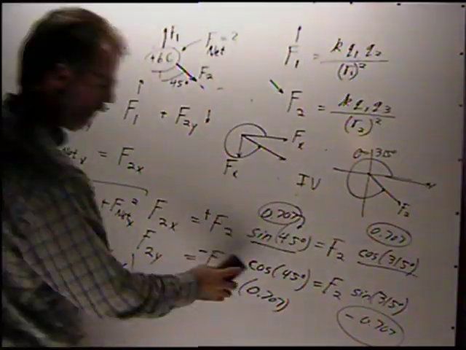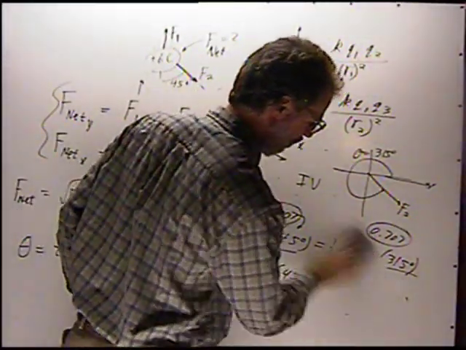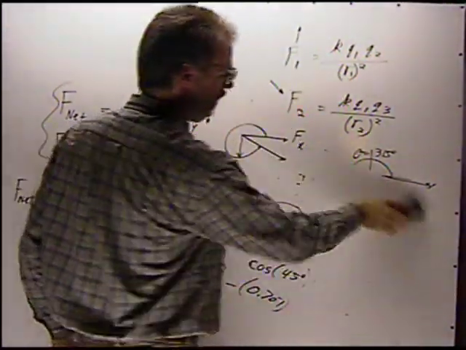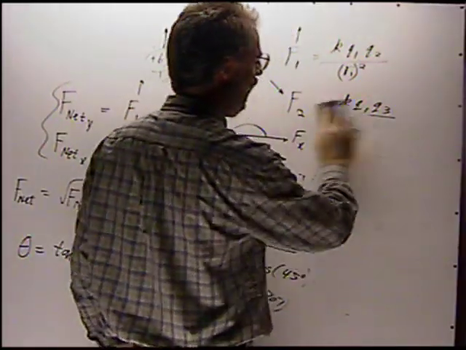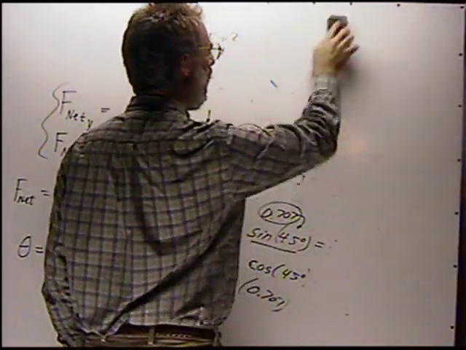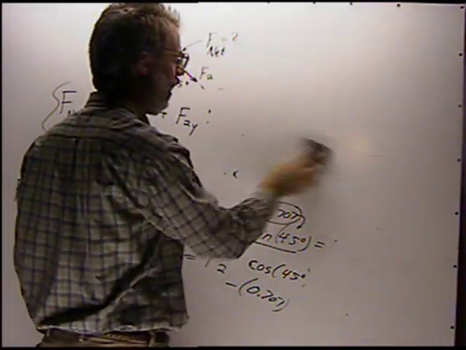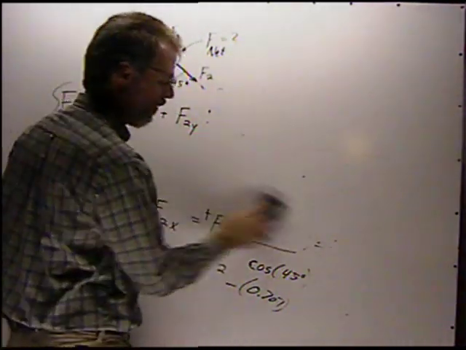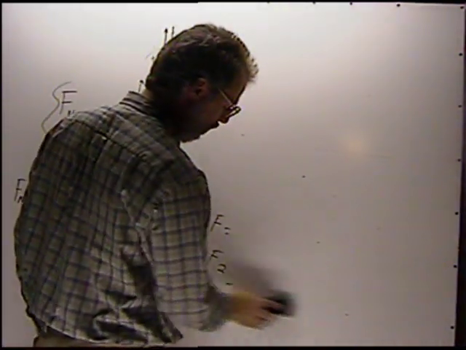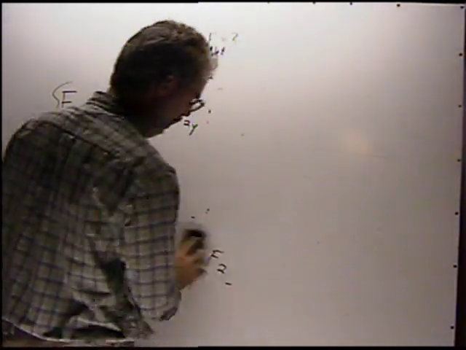I'm going to erase this now. So really, there's no difference in how we add forces. We still have to add forces. The Coulombic forces are still vectors. We still add them up in one or two dimensions, just like we add up other forces.